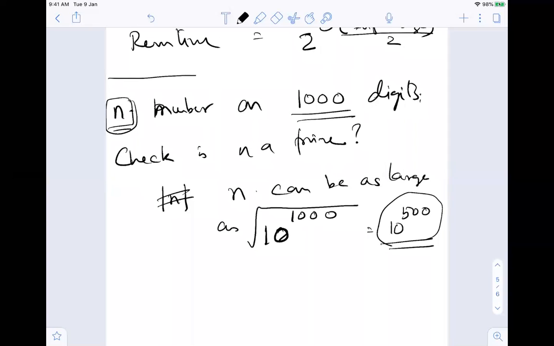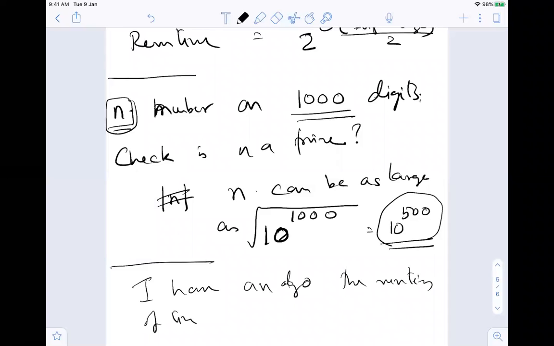Instead, if someone can come up and say, oh no, see, I have an algorithm that runs in time input size to the power 10.